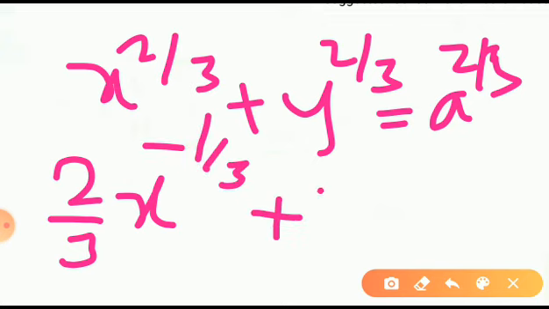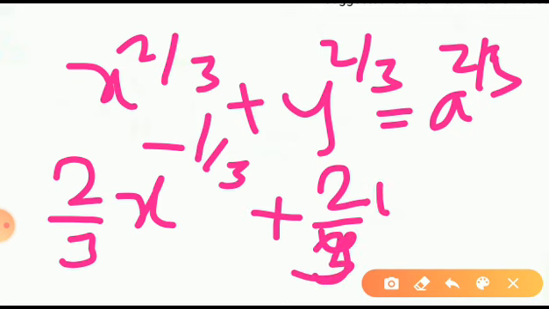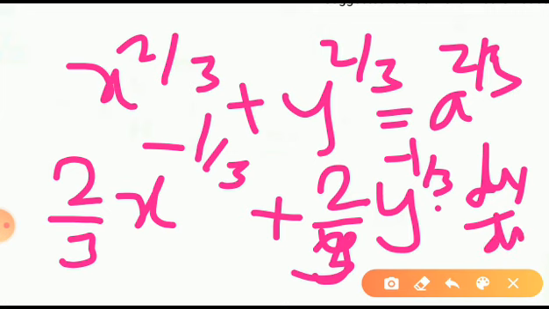Yes. Plus similarly it is 2 by 3 into y raised to, again, minus 1 by 3. But since we are taking with respect to x, it should be multiplied with dy by dx, and your right hand side will be equal to 0, since it is a constant. And try to find your dy by dx. So within 2 to 3 steps you will get the answer without using that parametric form.